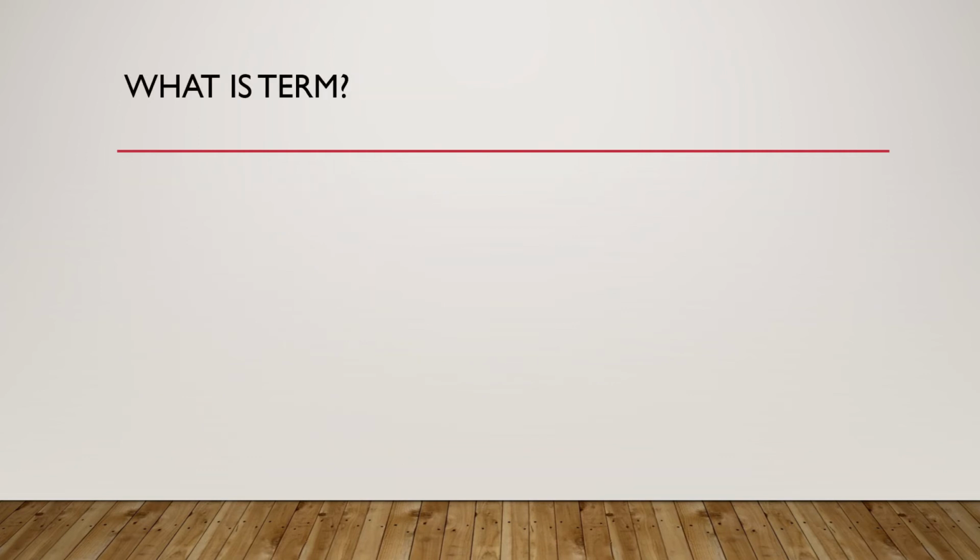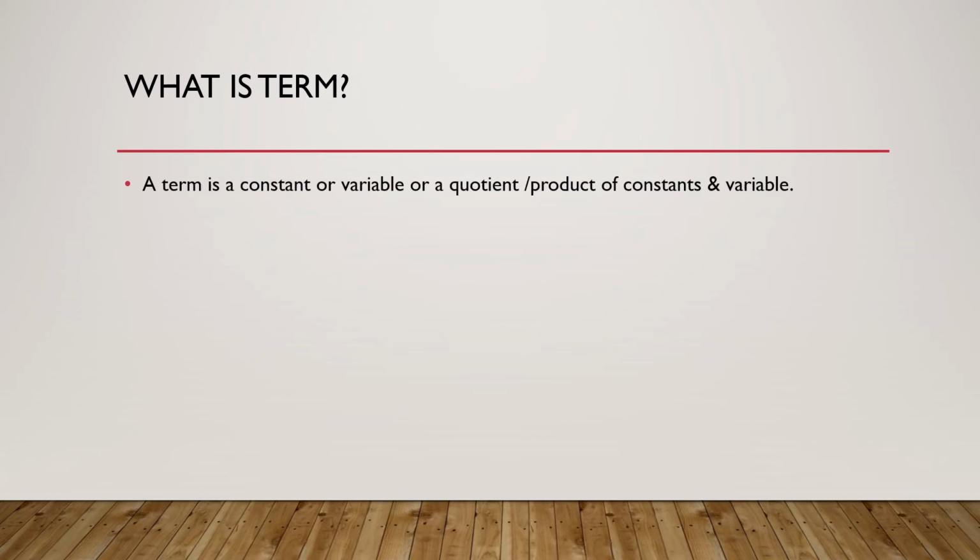Next, what is a term? A term is a constant, or a variable, or a coefficient, or a product of a constant and a variable. Coefficient is nothing but division, product is nothing but multiplication. Let's take an example. Here, x is a variable, 5y is also a variable, because the y term keeps on changing, so we cannot get a fixed value in that.